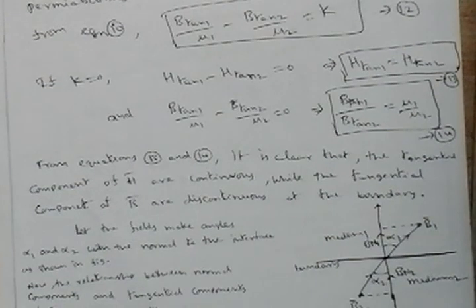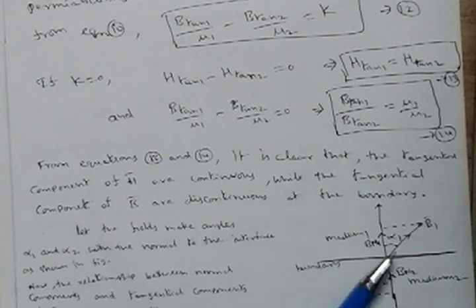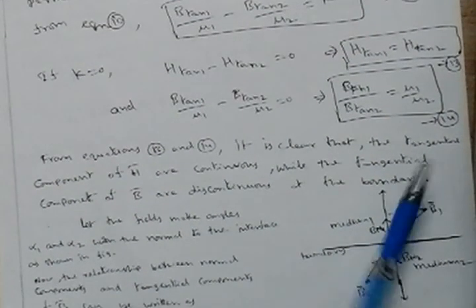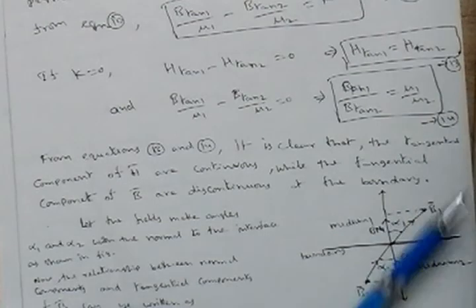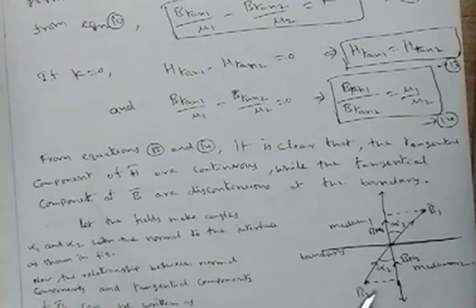If the field is neither perpendicular to the boundary nor parallel to the boundary, if there is some inclination, then what is the mathematical equation for the boundary conditions? See the diagram, this is the boundary line, but the magnetic field is not perpendicular and not parallel, some inclination is there. How to write this?